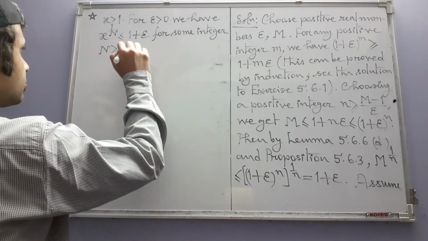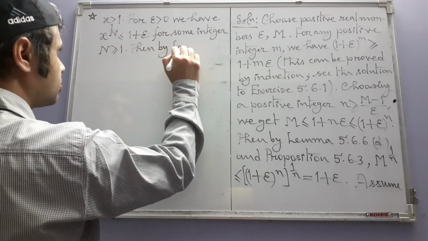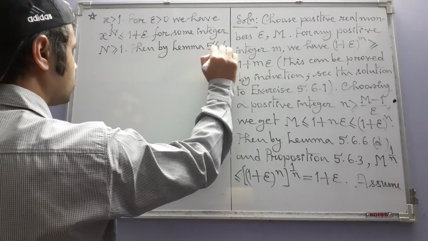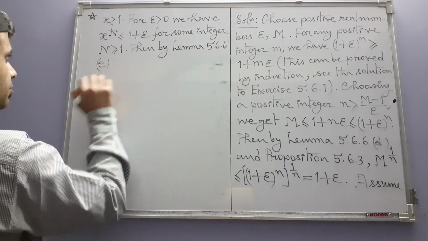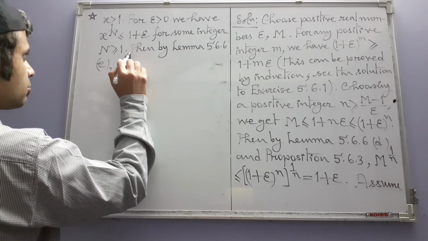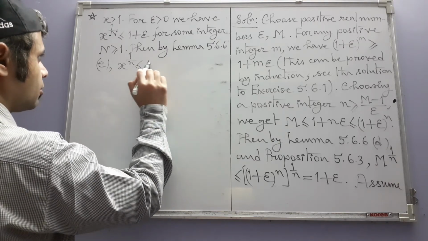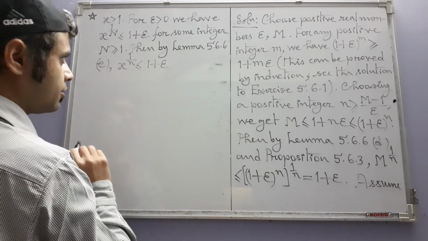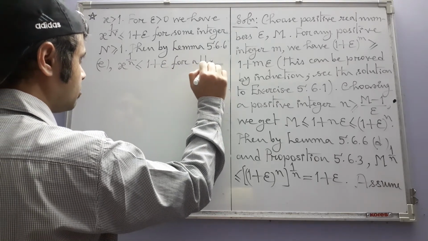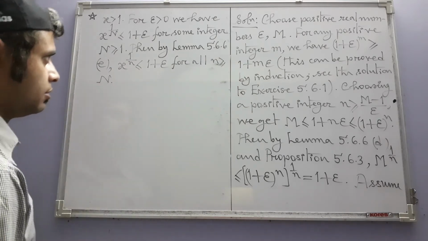Then by part E of lemma 566, the nth root of x will be also less than or equal to 1 plus epsilon for all integers n greater than or equal to capital N.